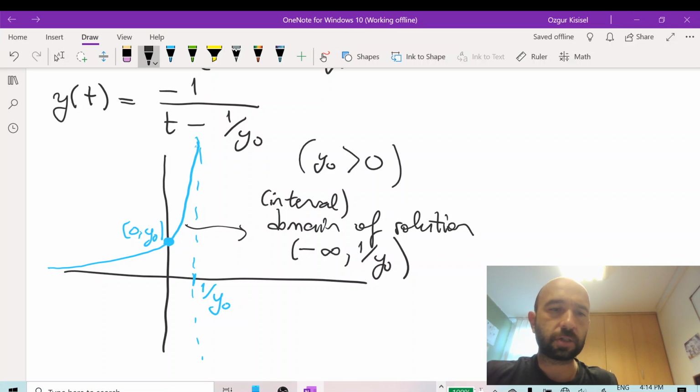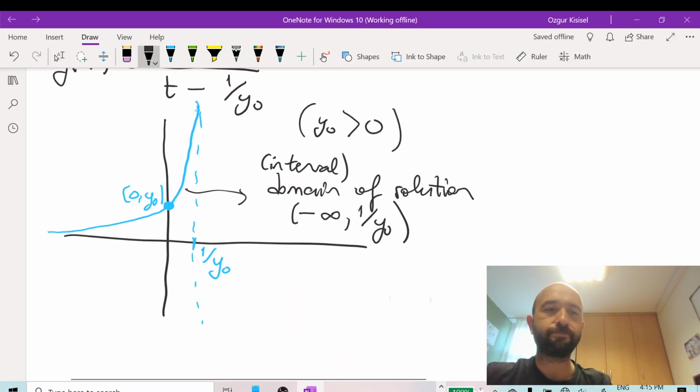I can hear some of you asking, why don't you include the right side of 1 over y0, because the function algebraically has nothing wrong there on the right of 1 over y0. That's okay, but we don't care. We are interested in where we can move from 0, y0 in terms of differential equations, and the right side of this asymptote has no connection to the left side, so we are interested in the connected component that 0, y0 belongs to. Okay, so we don't care about the right side.